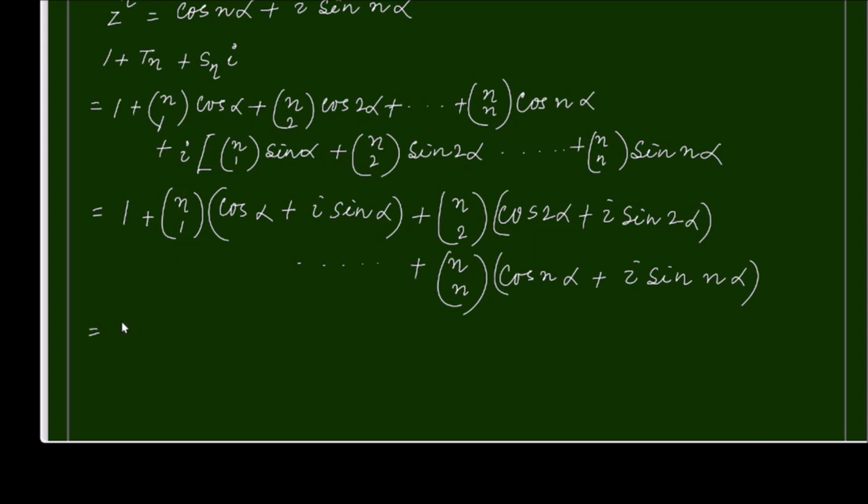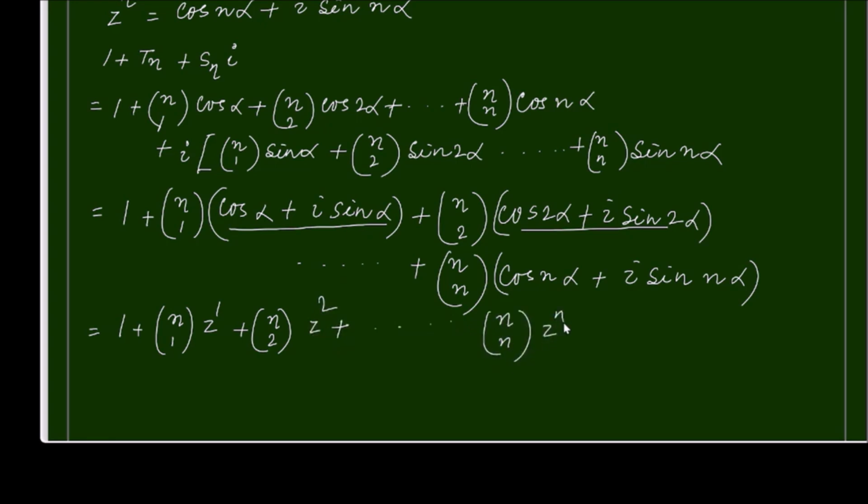So in the next step, I am writing 1 plus n combination 1, this is nothing but your z power 1. Next is n combination 2, this is your z power 2, complex number power 2, up to last will be n combination n, z power n.